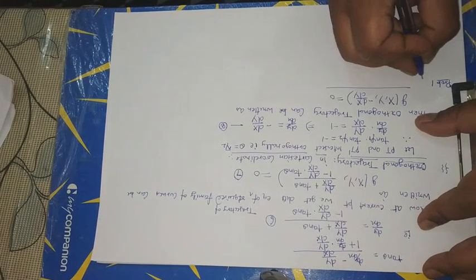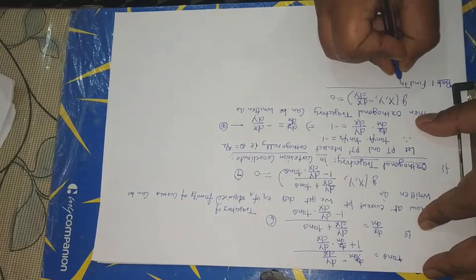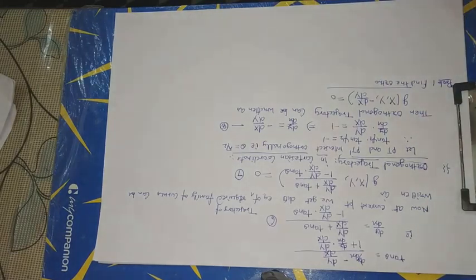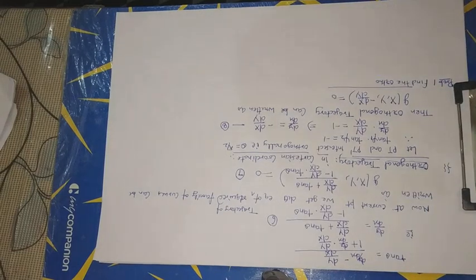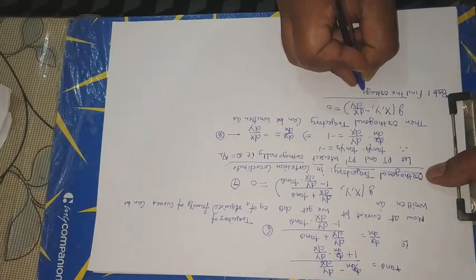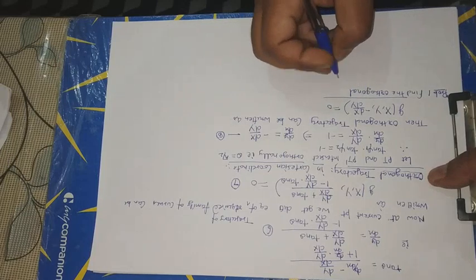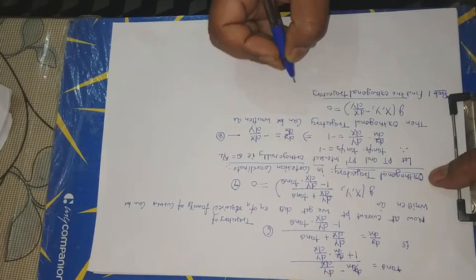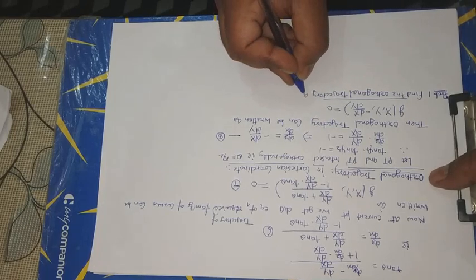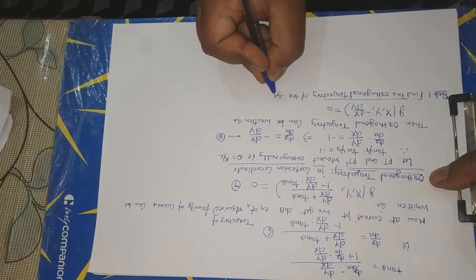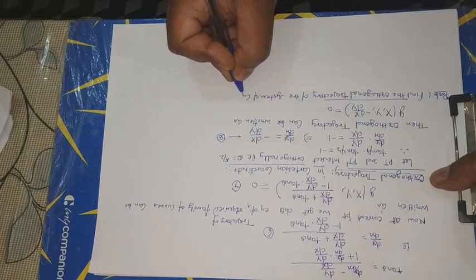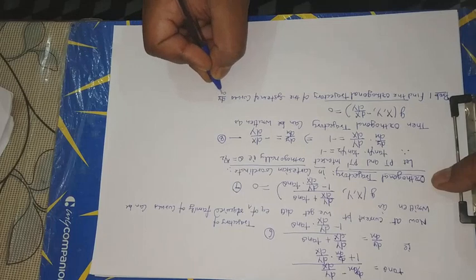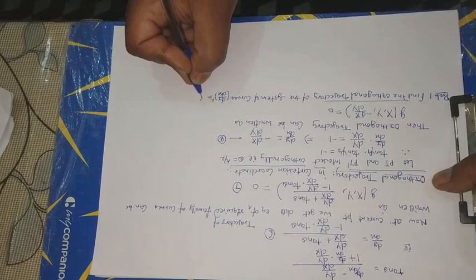Find the orthogonal trajectory of the system of curves dy dx whole square is equal to a upon x.